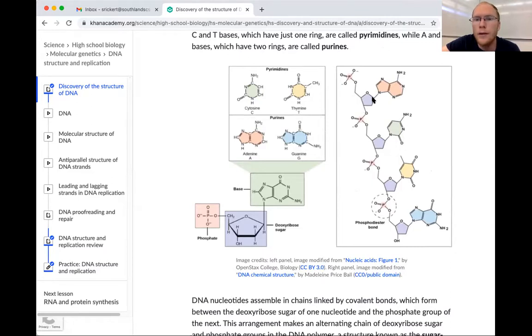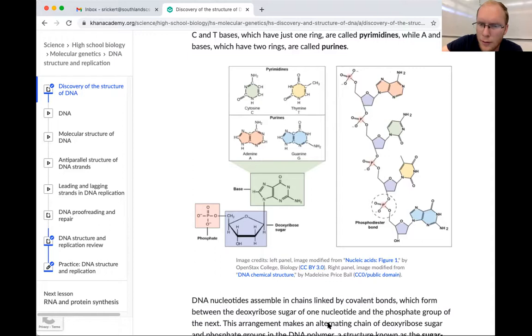And then we always have this 5-carbon group, and then it repeats. So this is the backbone of DNA. It always has PO4 bonded to a carbon chain, and then this is just a repeating structure.